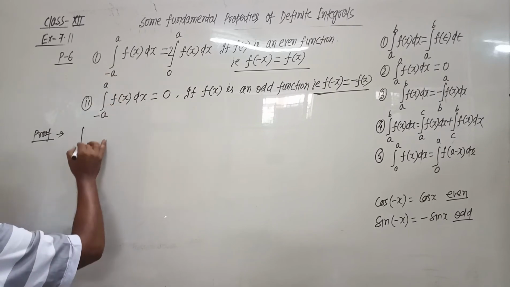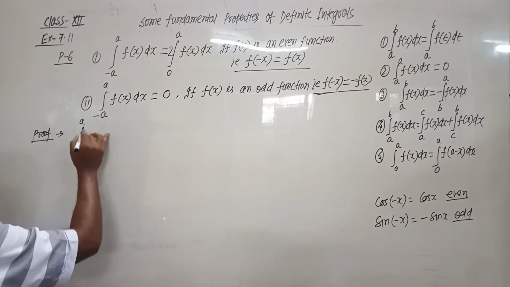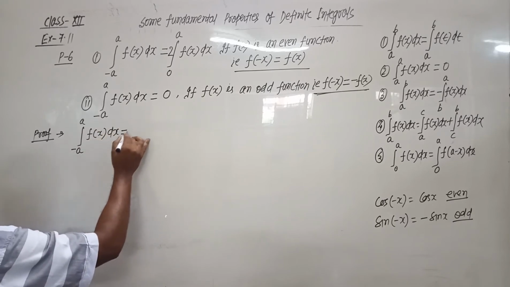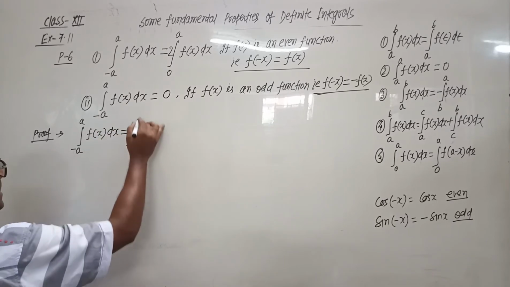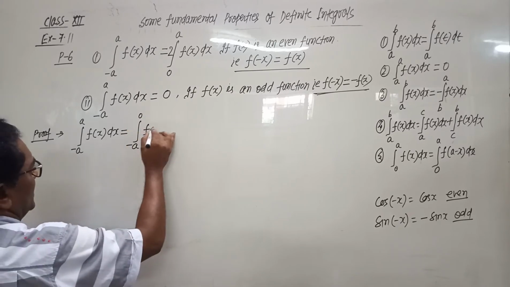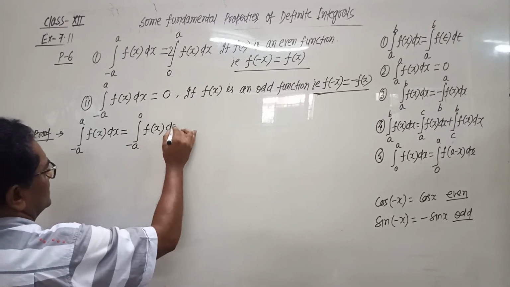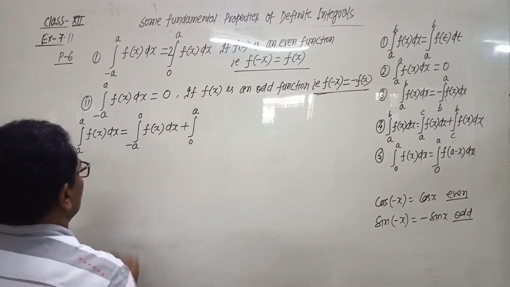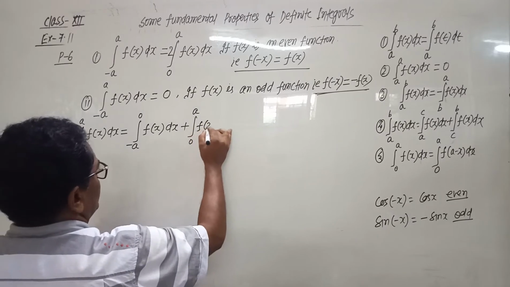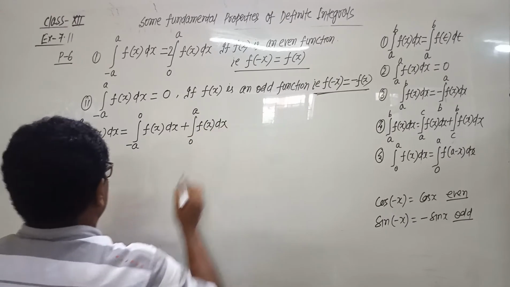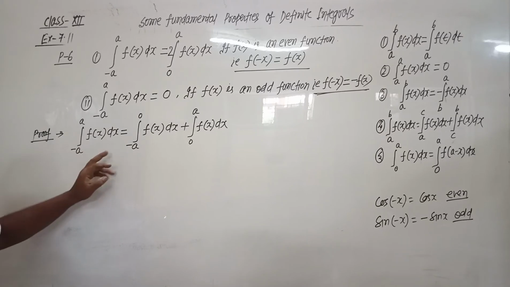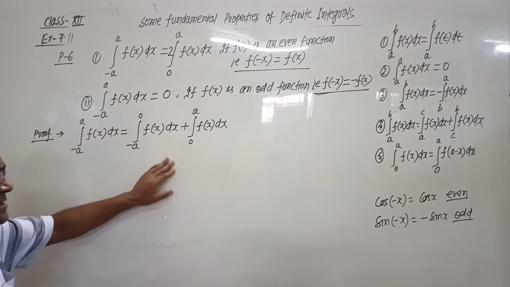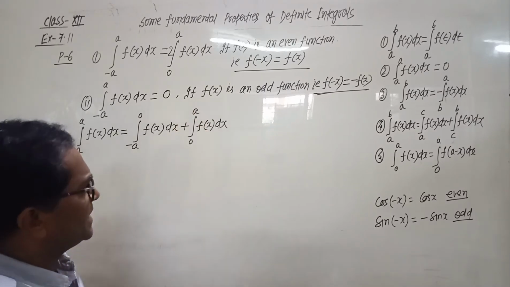This integral from minus a to a f(x) dx can be written as integral minus a to 0 f(x) dx plus integral 0 to a f(x) dx.